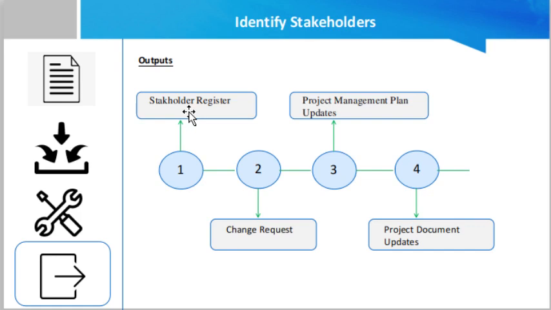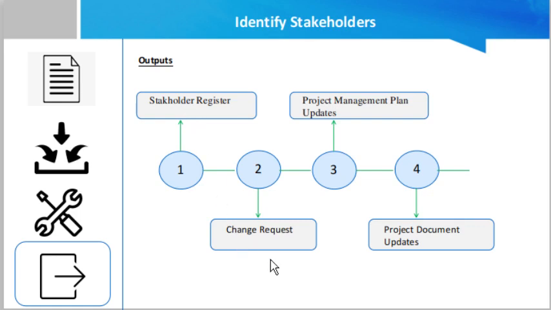Stakeholder register simply means that you can make an Excel sheet in which you mention the name of the stakeholder, the role, their interest, strength, weakness, impact, influence, the expectations or requirements, etc. So basically all these sorts of things you can mention in the stakeholder register.